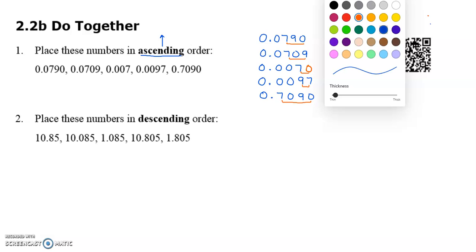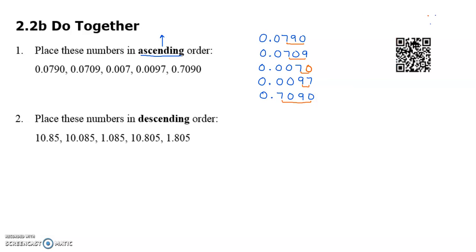So I'm going to go back and write them in order from smallest to largest. And my first one is going to be 0.007. That's that one there. That's my smallest. My next number is going to be 0.0097. Next up, I'm comparing, I've got 709 and 790.